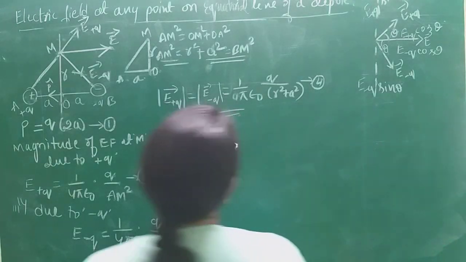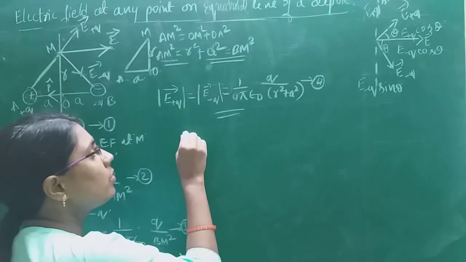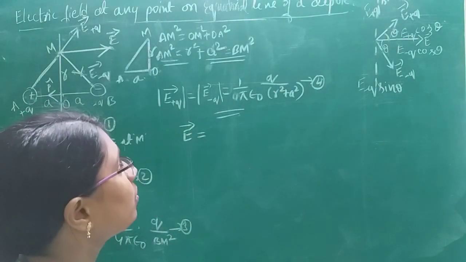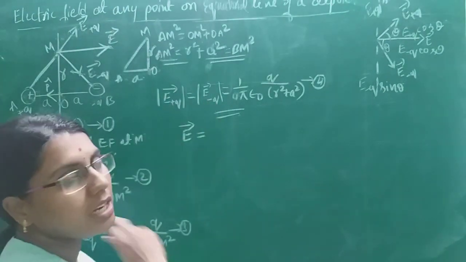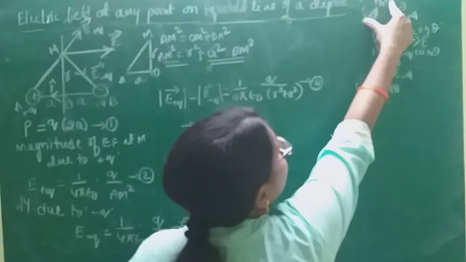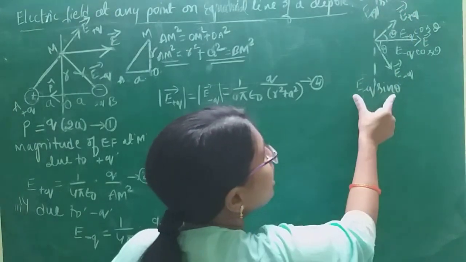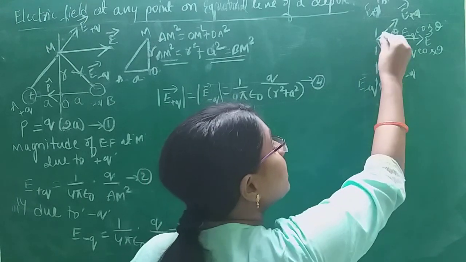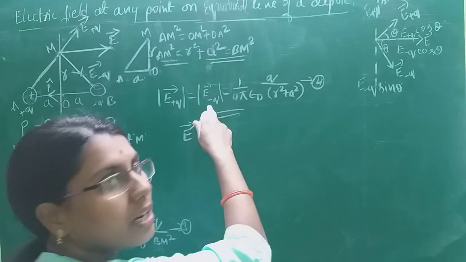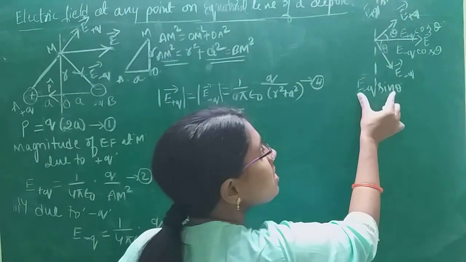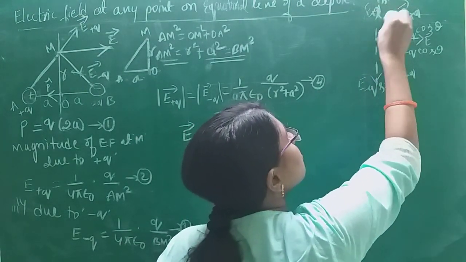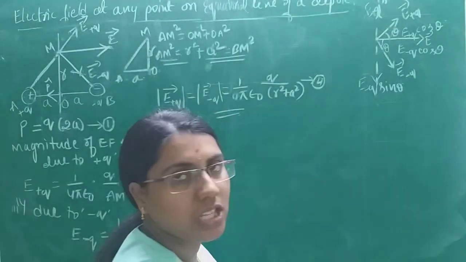Now, according to the superposition principle, the total electric field is given by vector E equal to vector E plus Q plus vector E minus Q. If we sum up all these, see E plus Q sin theta and E minus Q sin theta are equal in magnitude, because E plus Q is equal to E minus Q in magnitude, right? So they are equal in magnitude but opposite in direction, and they cancel each other.